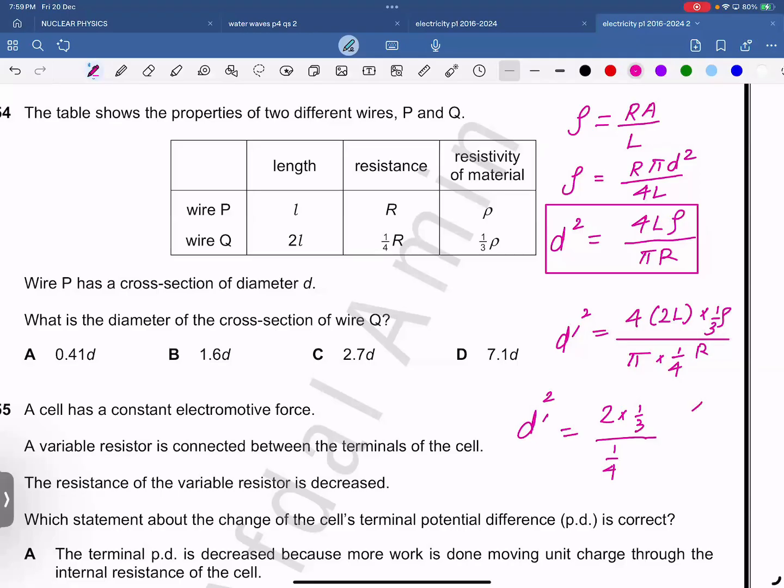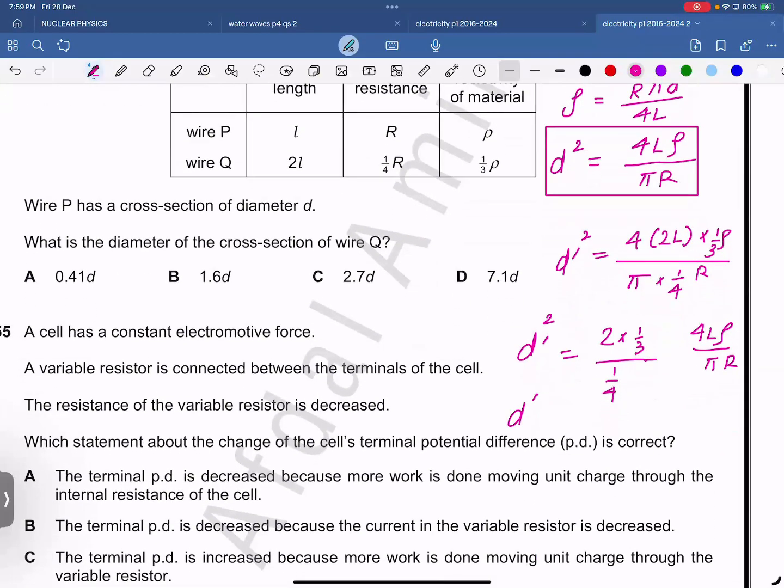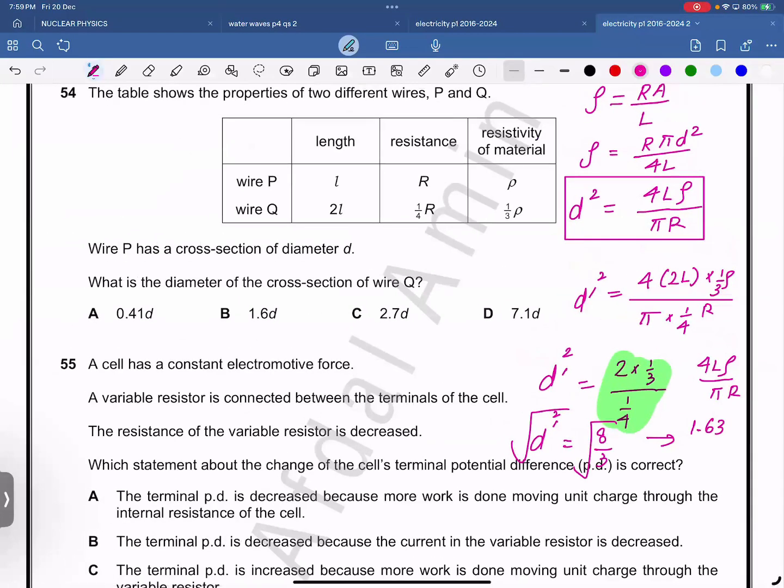Remaining is 4L rho over pi R. Give me this number. Which one? This, the factored. 8 over 3. Take square root. 1.63929. 8 over 3 square root. Yeah, it's a very boring question.